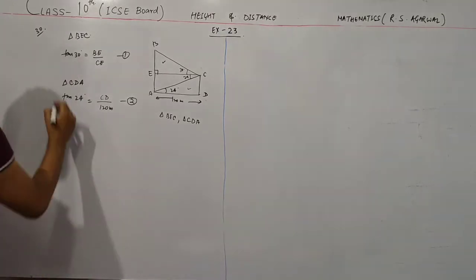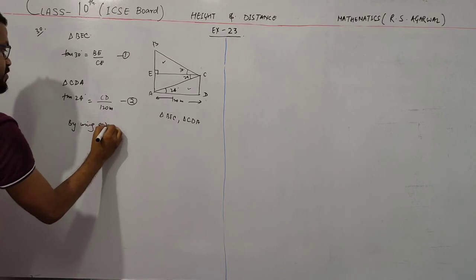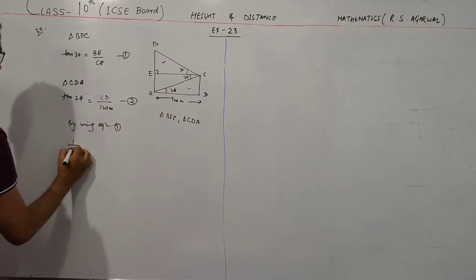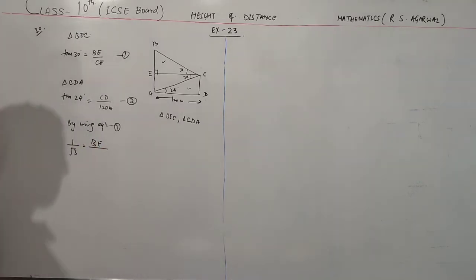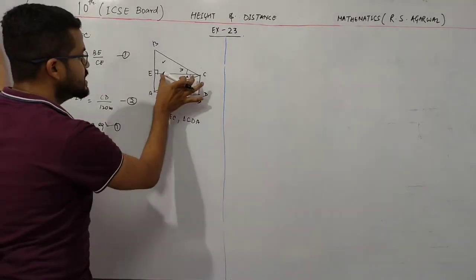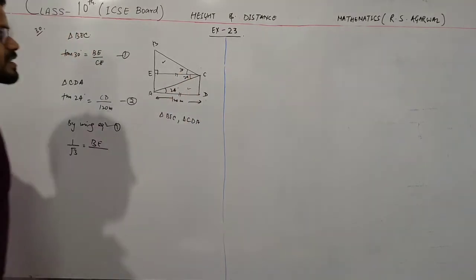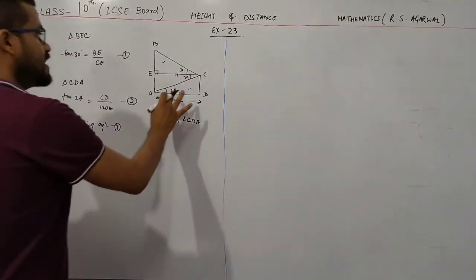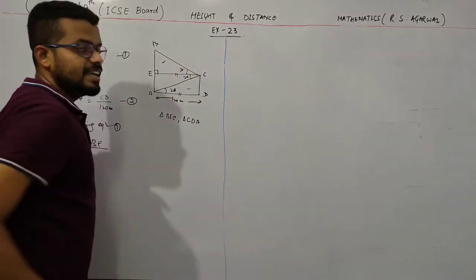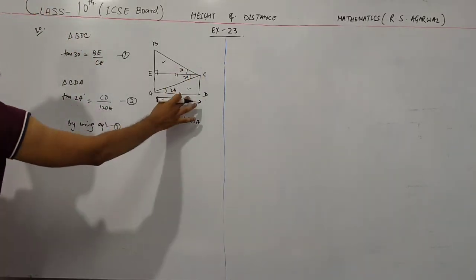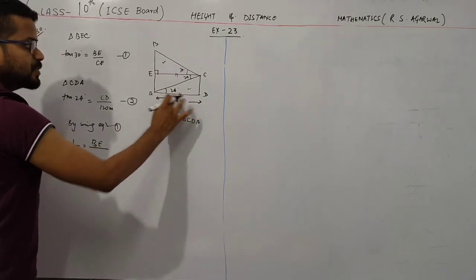Now here by using equation 1, tan 30 degrees is 1 by root 3 equals BE upon CE, and CE is equal to AD because this is a rectangle, and in a rectangle the opposite sides are equal. So this CE will become equal to AD.